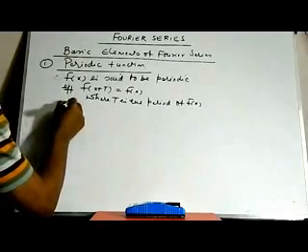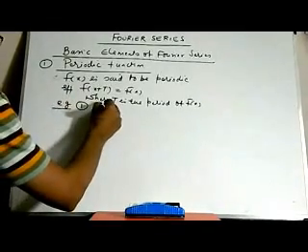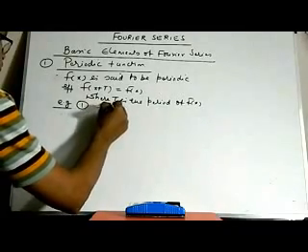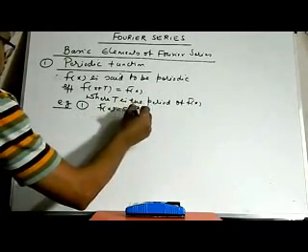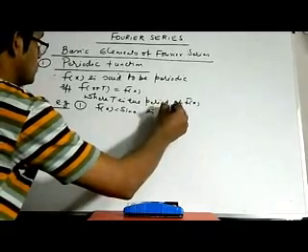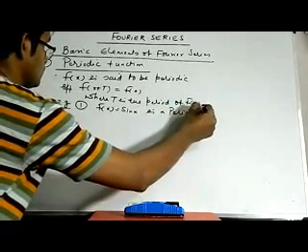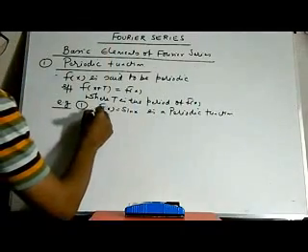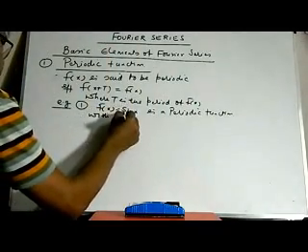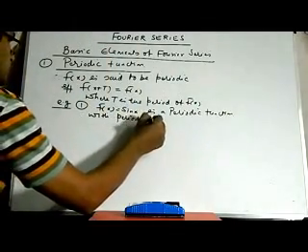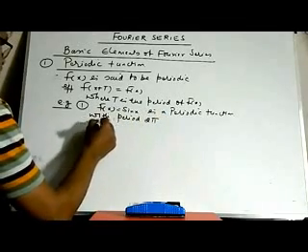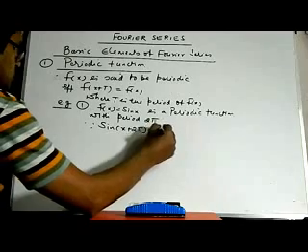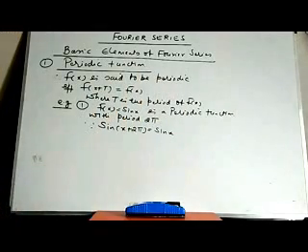Example: sin x. f(x) equal to sin x is a periodic function, with period 2 pi, because sin(x + 2 pi) is sin x.